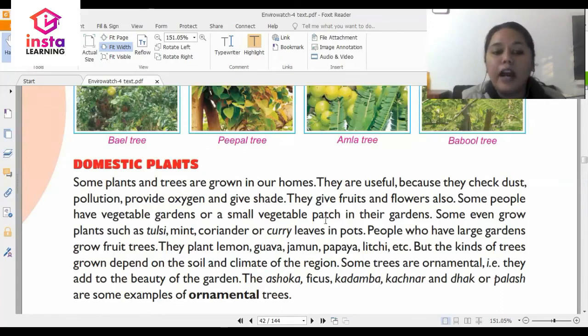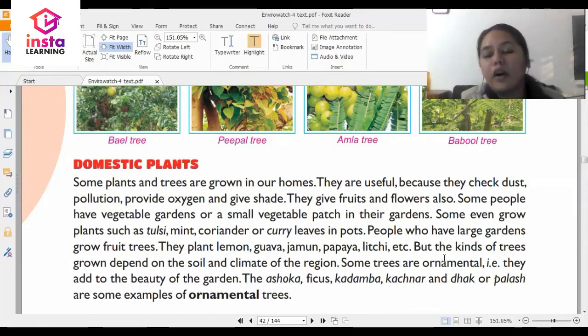People who have large gardens grow fruit trees. They plant lemon, guava, jamun, papaya, lychee, etc. So imagine even you can grow all these in your house if you have enough space. But the kinds of trees grown depend on the soil and the climate of the region.